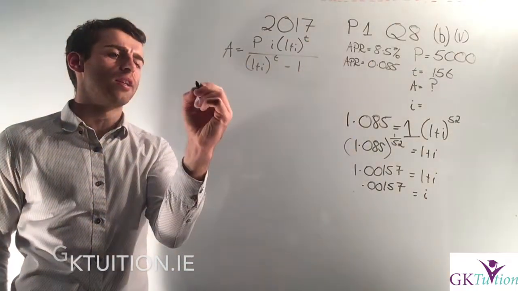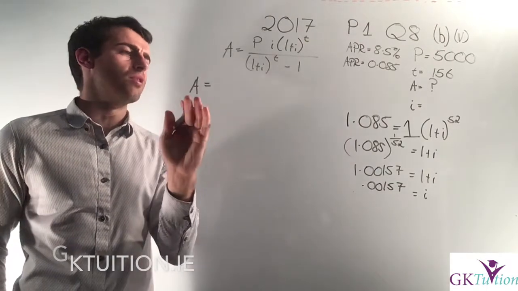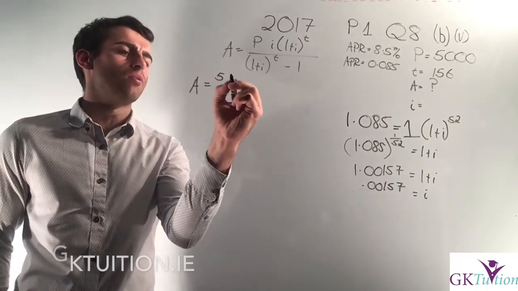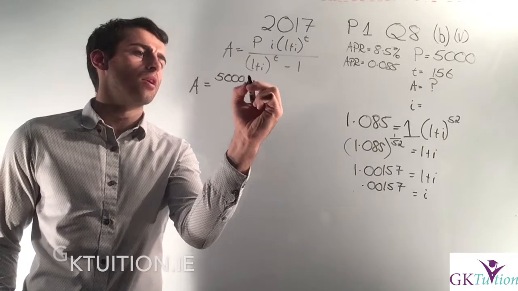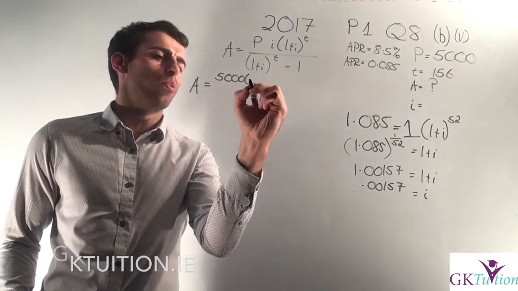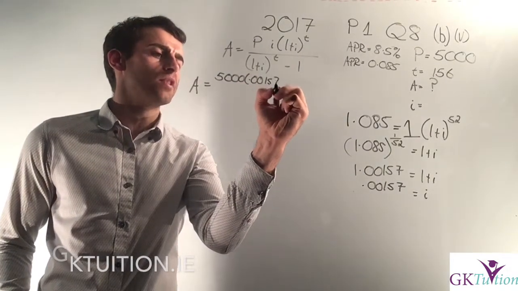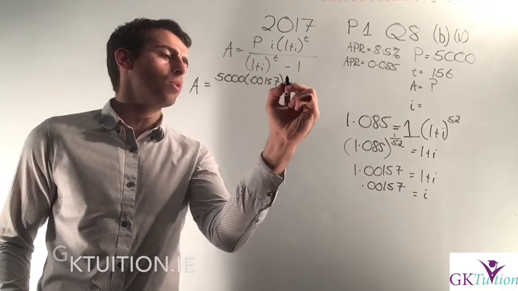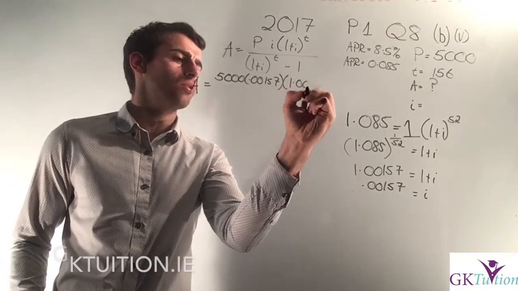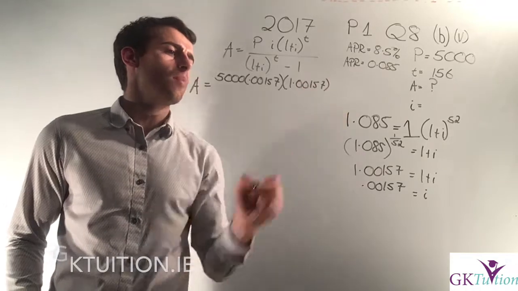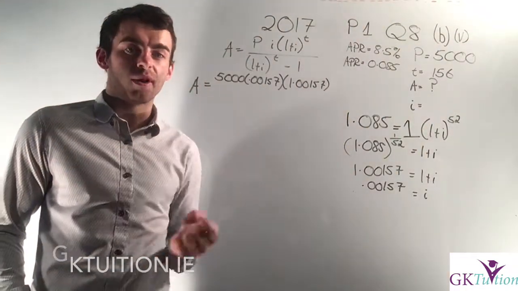So let's just sub straight in here. A, which is each weekly repayment, is equal to P, which is 5,000, times I, which is 0.00157, times 1 plus I, which is 1.00157, to the power of T, where T is the number of repayments.